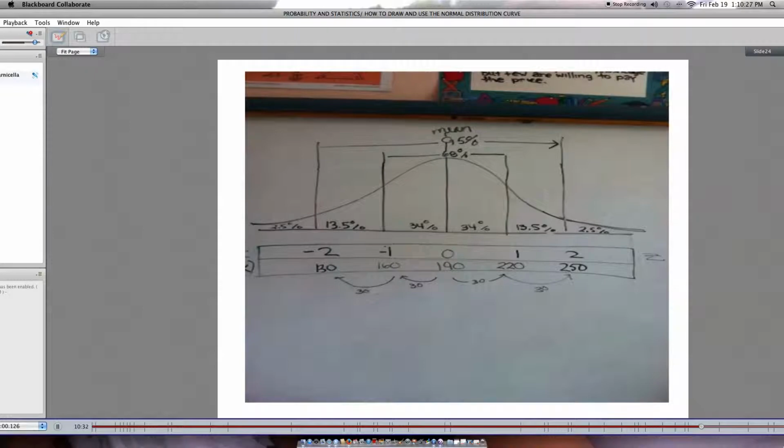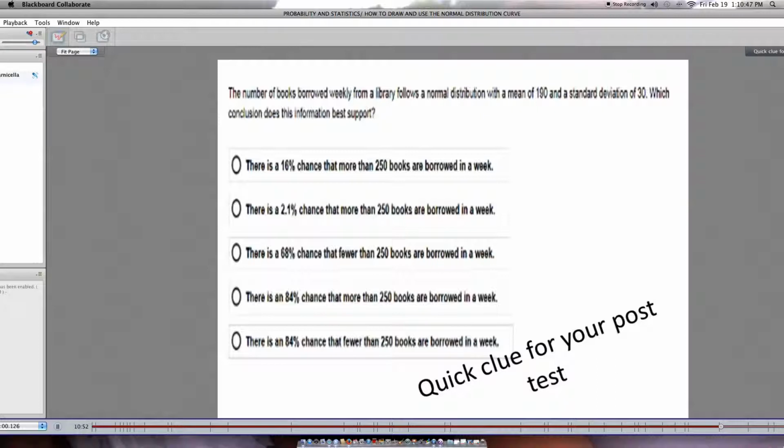So since I did see that 95% is already just 130 to 250 books, you know that there's more than a 60-something percent chance. So you know that that 68% chance is wrong.